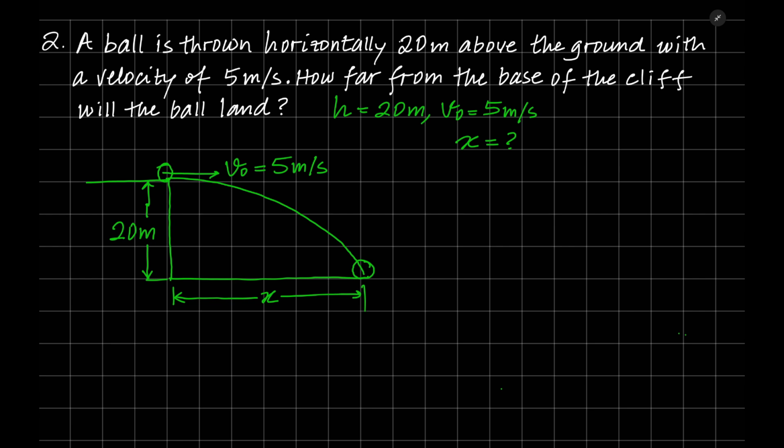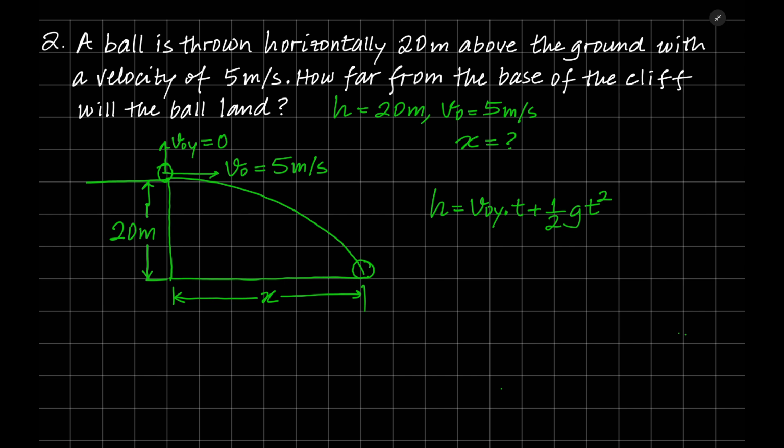Again, in this motion, the vertical component of the velocity is equal to 0 because the ball is projected horizontally. And we know that, again, h is equal to the vertical component of the velocity times flight time plus 1 over 2 g t square.